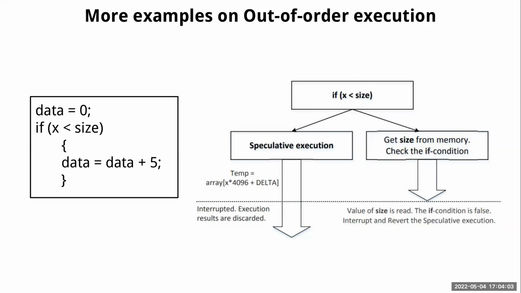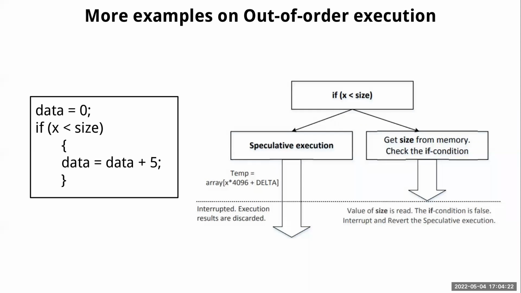So what I want to say is, even in this case, even though there is a predicate and there are branches, the CPU can still do out-of-order execution. However, the CPU cannot execute the 2 branches at the same time.